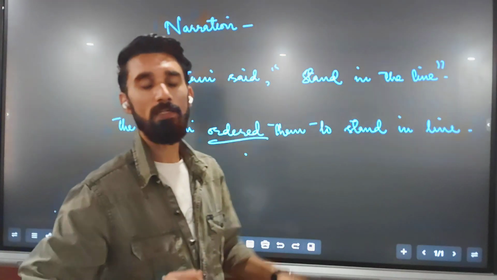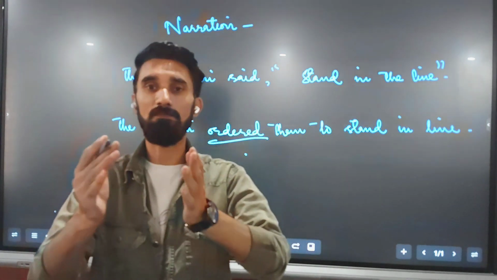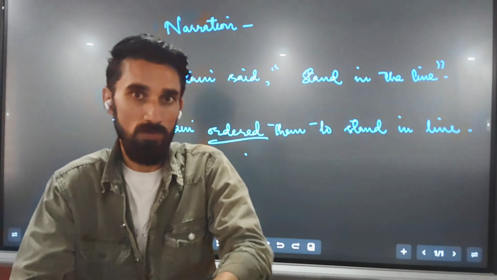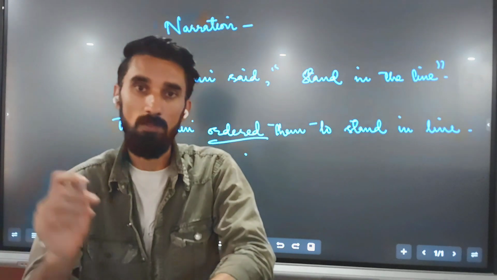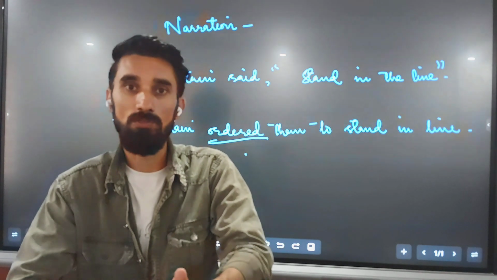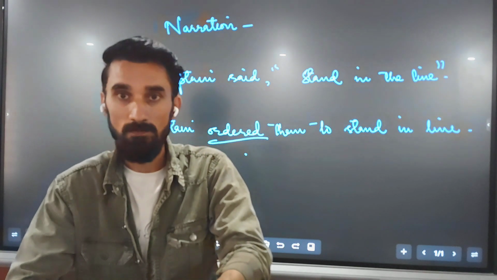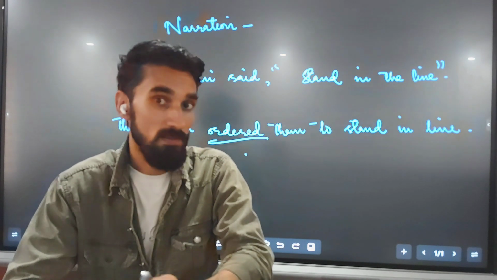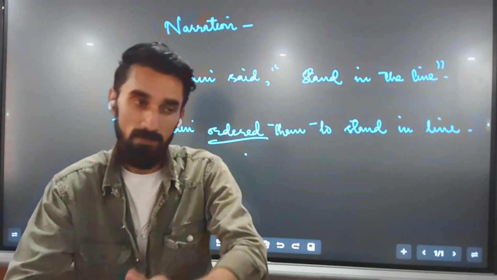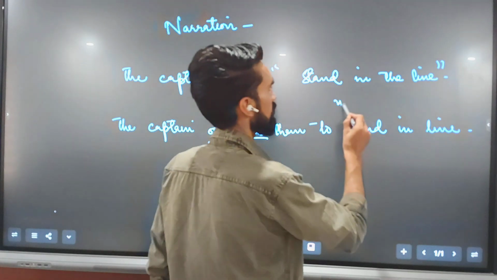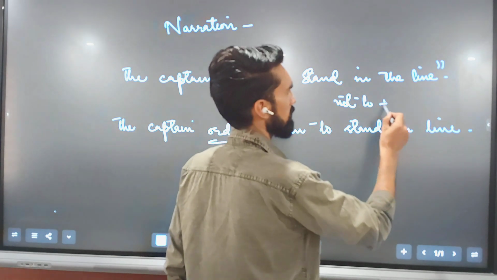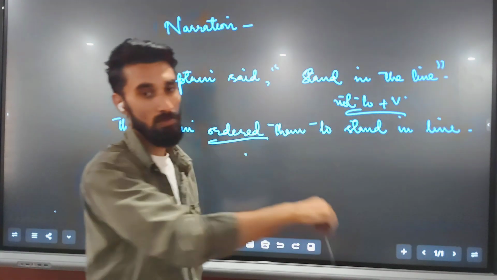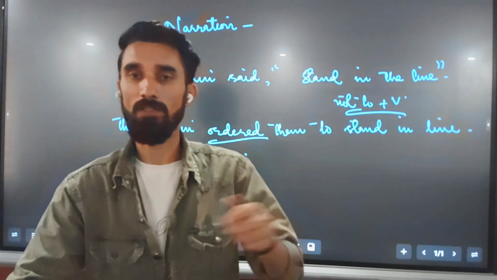So remember one thing in case of imperative sentences: if it is an affirmative sentence, you will use to plus verb. To go, to stand, to sit. And if it is a negative sentence, then it will be not to plus verb. Don't use to before not here.